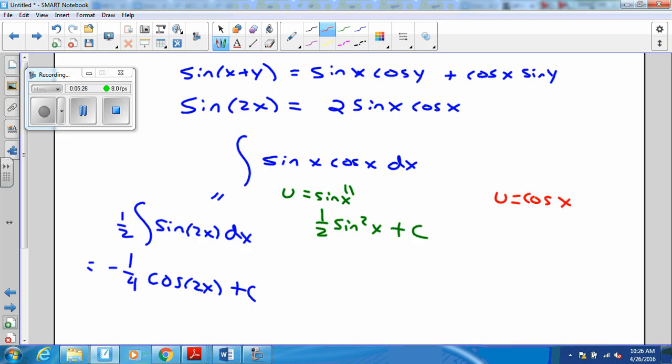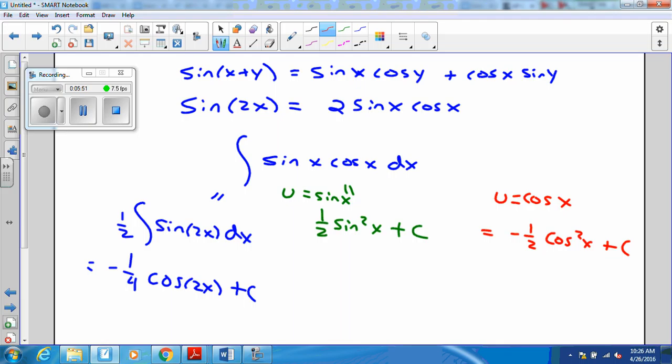Over here, I can integrate by letting u equal cosine x. And if I let u equal cosine x, then du is negative sine x dx. So that this is almost integral ready if I repair with a -1, and I get negative 1/2 of cosine squared x plus c. Now here's the great mystery.